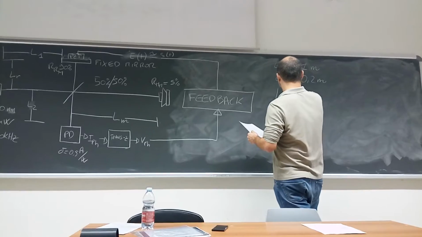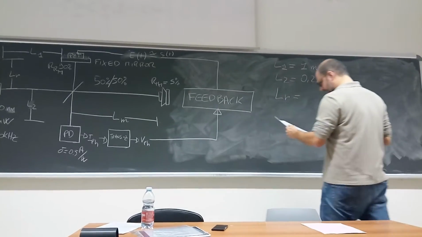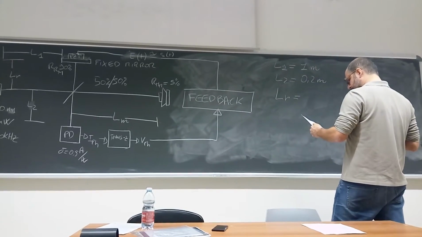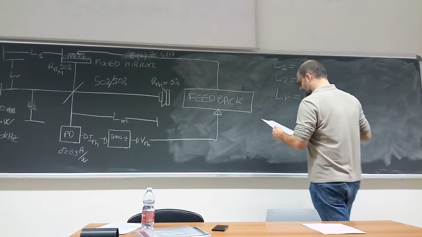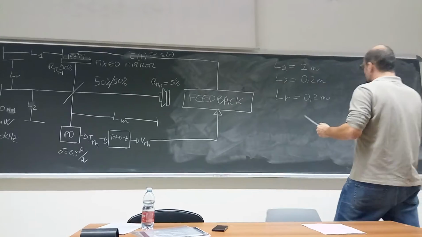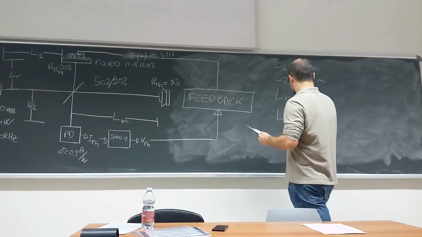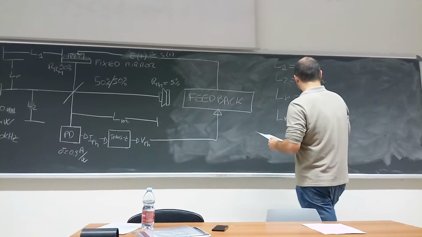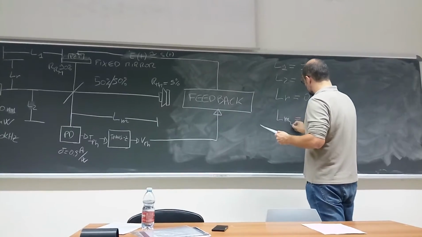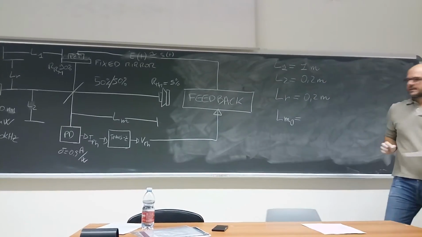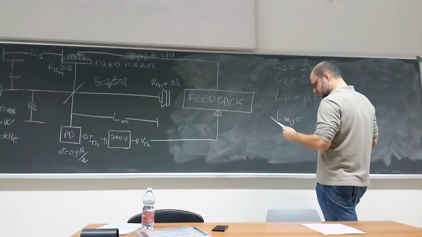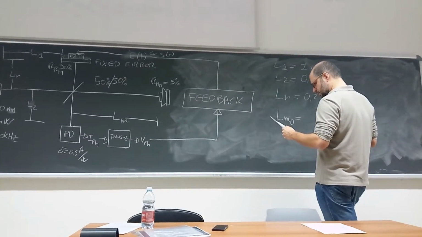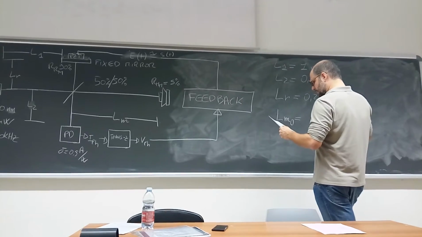Then you have LR equal to 0.2 meter, and LM, let's say LM0, equal to 0.2 meter.